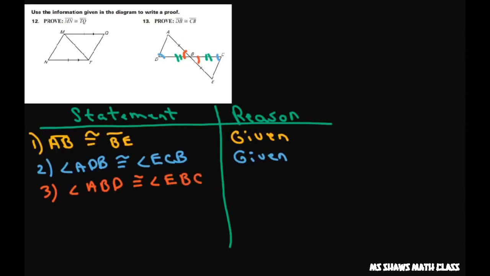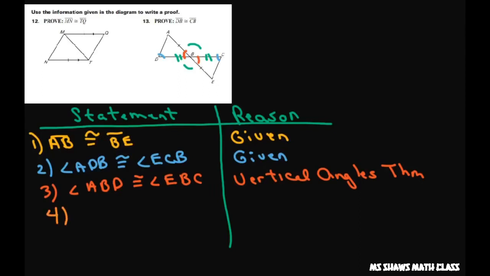And that's, remember, your vertical angles theorem when you have intersecting lines. Also, these 2 angles here would be congruent on this side, but we don't need that. All right, next, let's see.